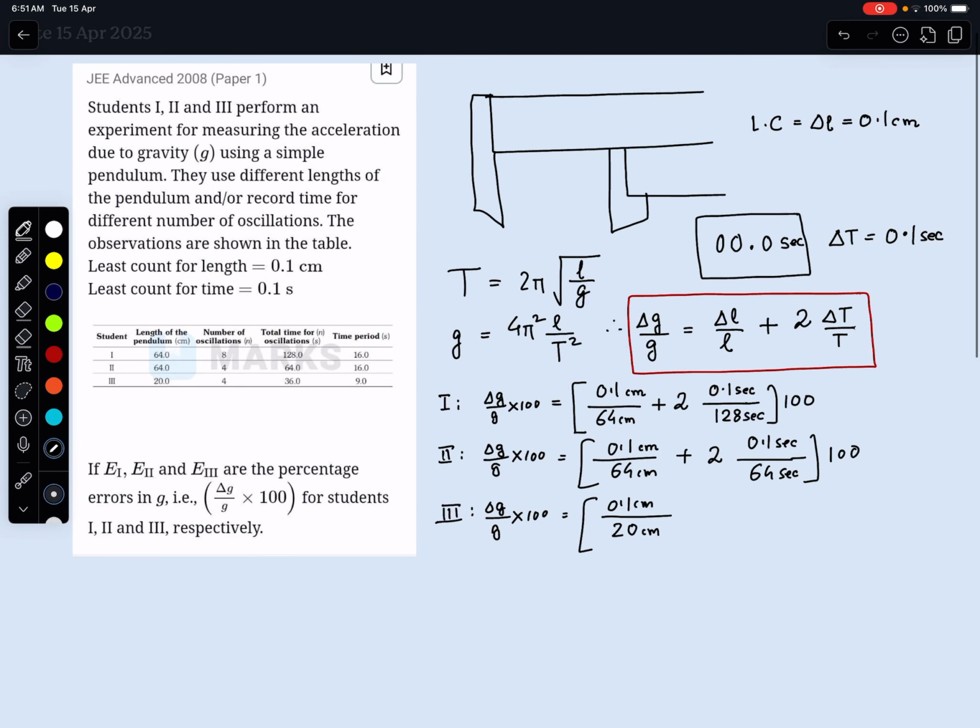Okay, 20 centimeter plus 2 into 0.1 second divided by 36 second into 100. Now here I think the full question is not that, it was asked which one is lesser or which one is greater. By the way, you can calculate it from here and evaluate.